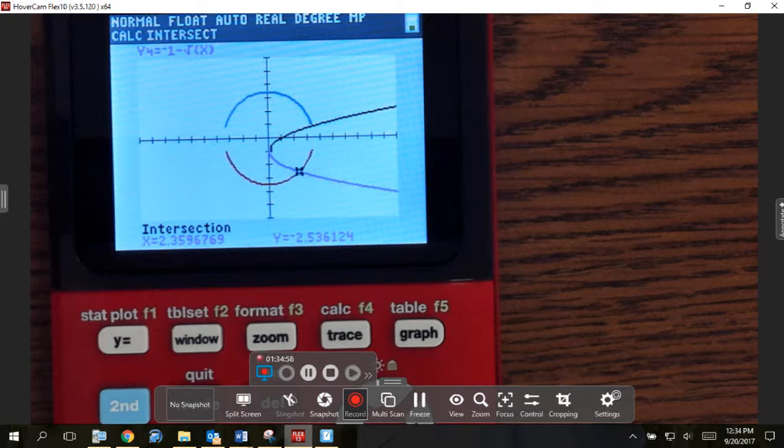What are you trying to do? This one down here? Okay, so you have to hit enter. Now hit your down arrow. Oh, there. Okay. Yeah.